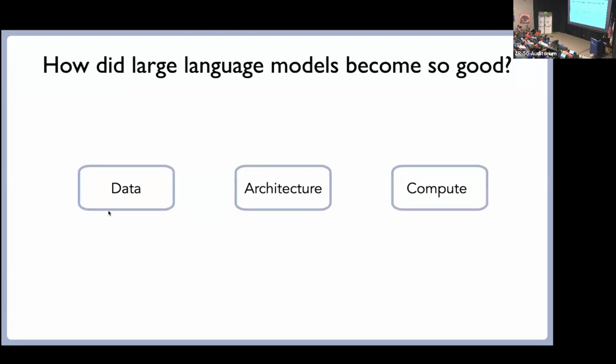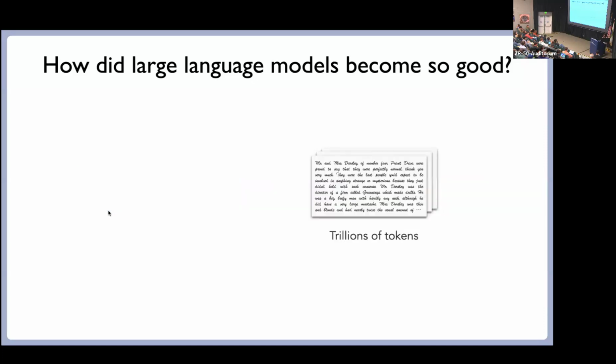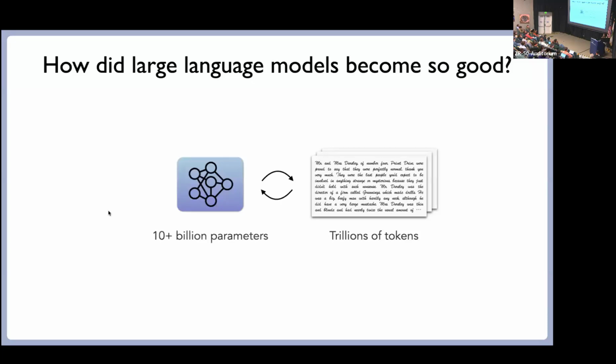There are 3 basic ingredients that led to the success of large language models: data, architecture, and compute. The way a large language model works is you first collect a large amount of web data, typically trillions of tokens, like in the Llama case, and you have a neural net that has many parameters, like tens of billions of parameters, and then you train this neural net on this large amount of data.